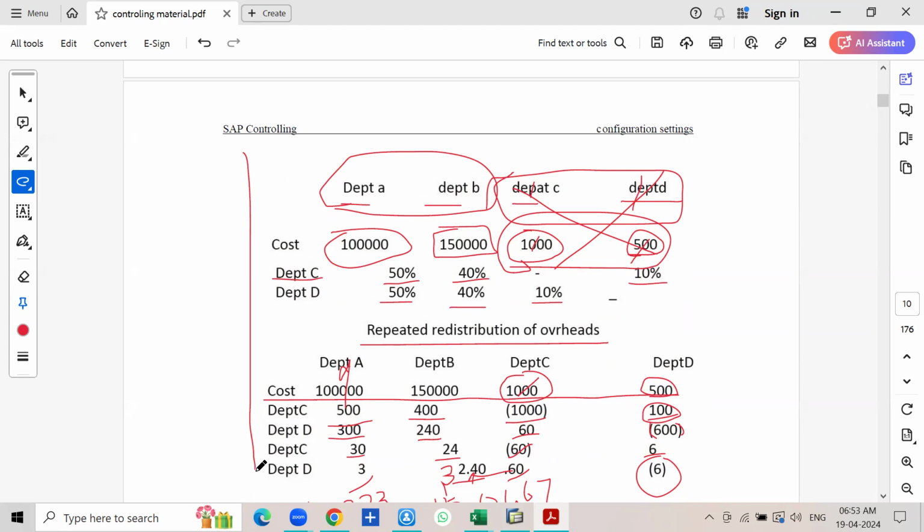This I am going to show you in cost center accounting. For the time being, this is how we can find out the cost of a product, right? This simple costing process knowledge is enough, right? We need not worry about under absorption, over absorption, etc. Forget about all those things, right? Because everything is taken care of by the system in SAP controlling.